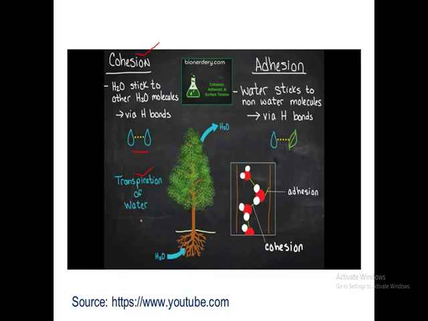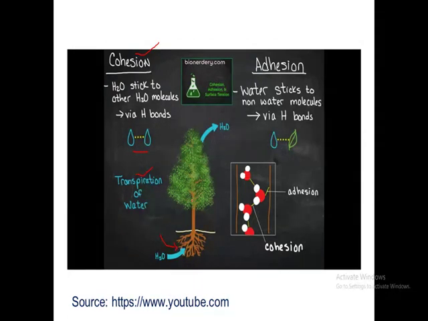As we all know, plants absorb water from the root of the plant. So whenever the water molecules go up the entire plant, there is something called capillary action. Through that capillary action, the water molecules will be flowing in that capillary.